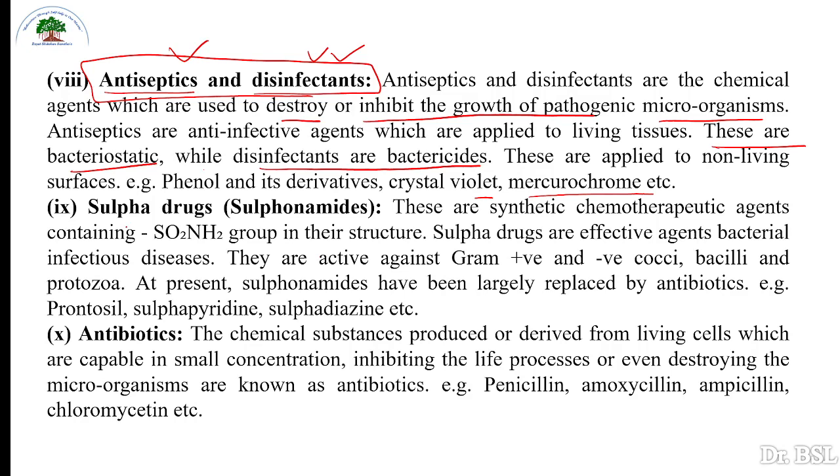Then the ninth class is sulfa drugs. Sulfonamides are one class. These are synthetic chemotherapeutic agents containing the SO2NH2 group in their structure. Sulfa drugs are effective agents against bacterial infectious diseases.